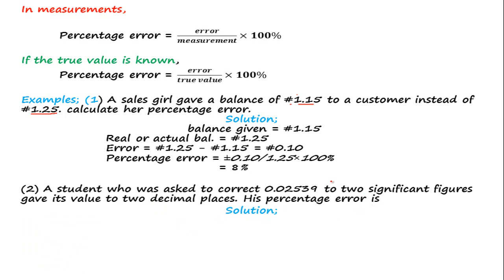The first thing you are going to do is give this to 2 significant figures, and when we talk about significant figures, you start from the first non-zero digit, which is from here. The first non-zero digit is 2, and then to 2 significant figures is now going to be 1, 2, and every other one will be rendered invalid.